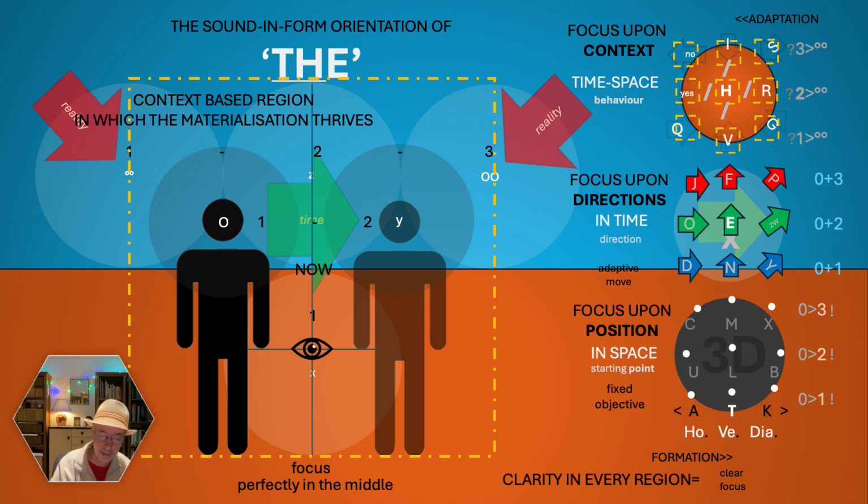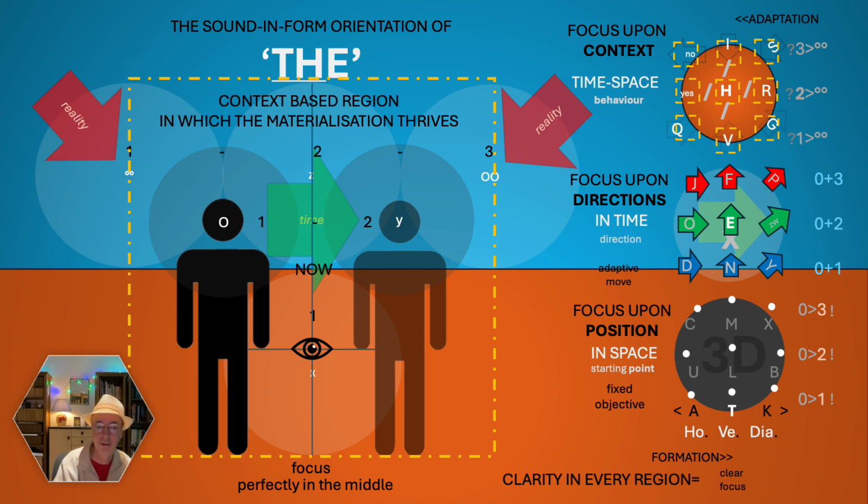It's in between everything. So we're a little bit in the middle focus, in the now focus. So we have our context-based region in the now, and also as a certain slightly highlighted awareness that there is something there.